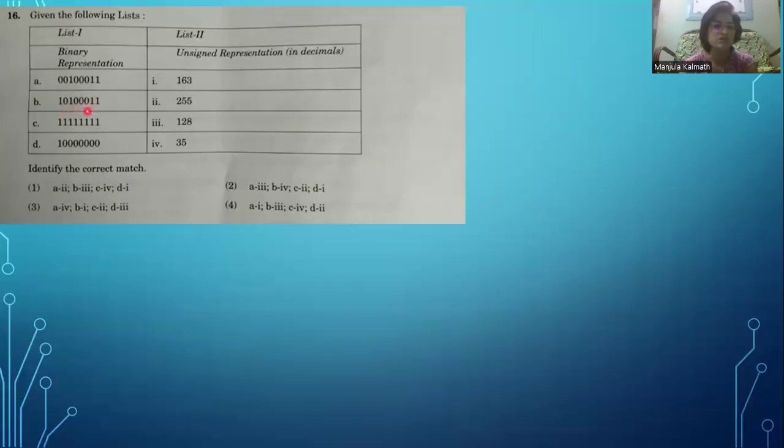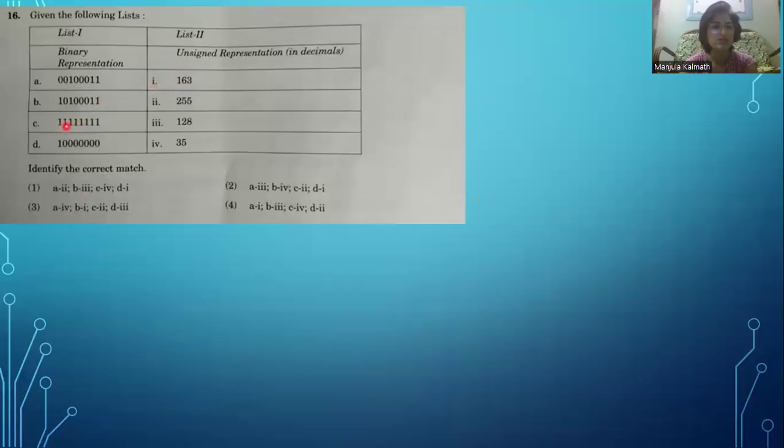So here 2 raised to 0 means 1. 2 raised to 1 means 2. And here we have 2, 3, 4, 5: 2 raised to 5 means 32. And 6, 7 means 128. 128 plus 32 is 160. 160 plus 3, 163. So this one equals this. That is B is 1.